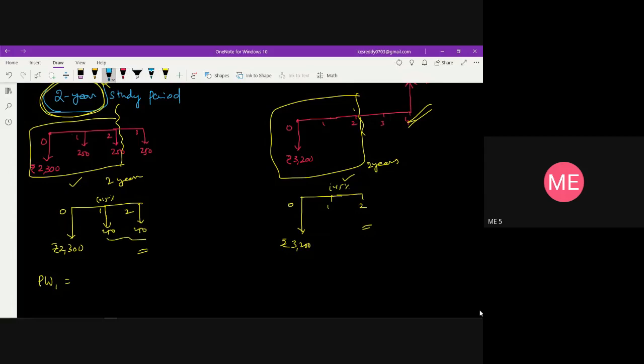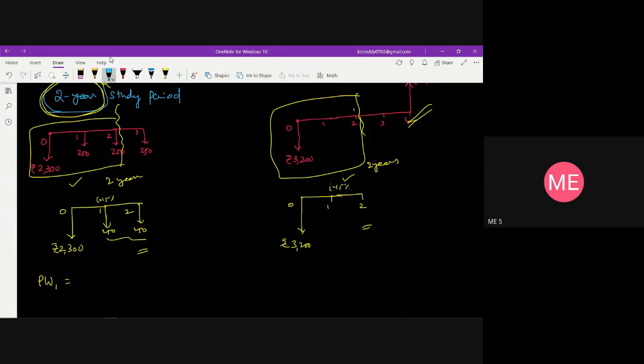Since it is all cost only, if you represent this cost as negative, minus 2300, then minus rupees 250. I'll write the equation first, then we can go for substitution.